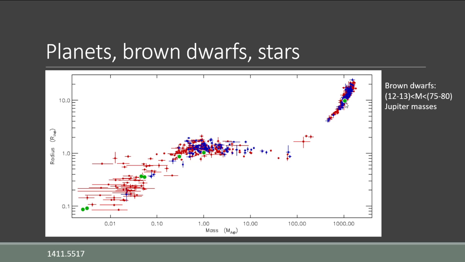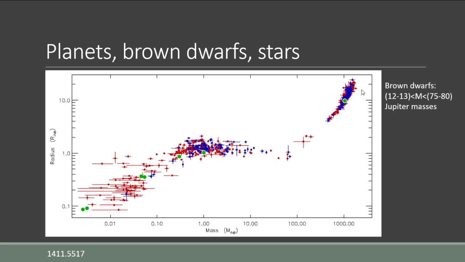So our Sun is roughly 1000 times more massive than Jupiter. On the vertical axis, we have the radius of an object. I always say an object because here we have objects of different kinds, mainly planets, brown dwarfs, and stars, but planets can be separated into several groups.